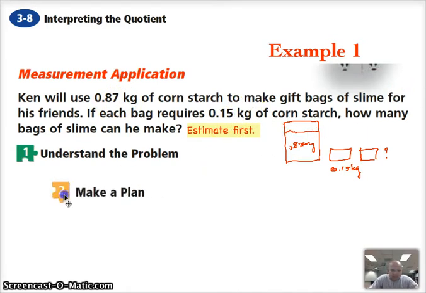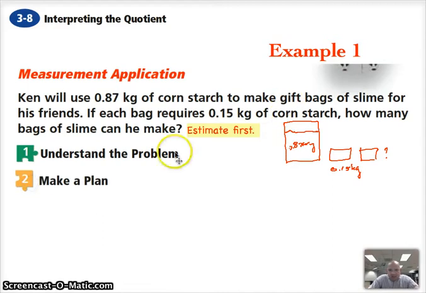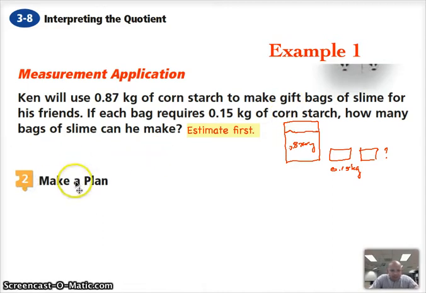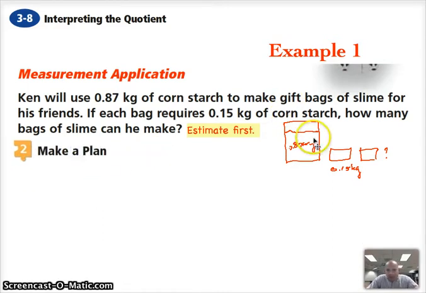Next step tells us we've got to go ahead and make a plan. So, with that in mind, how can we figure out how many bags we need given this data? Well, if I'm taking 15 hundredths of a kilogram at a time, this kind of leads us to believe that we need to do division here.